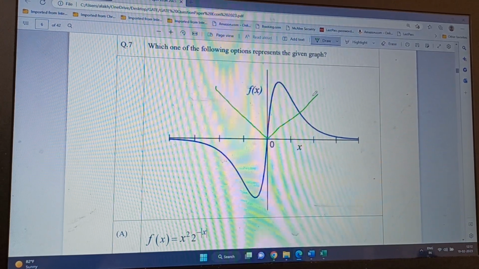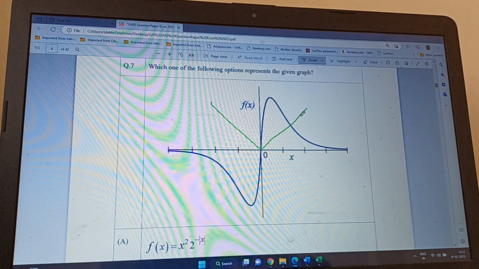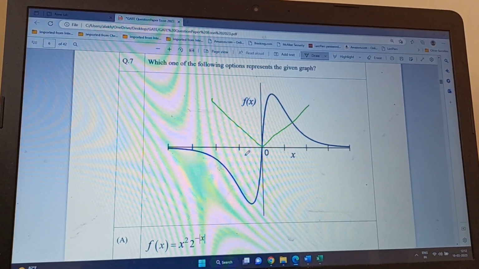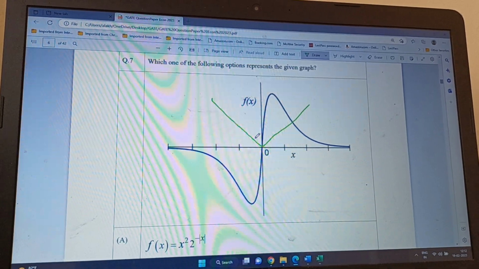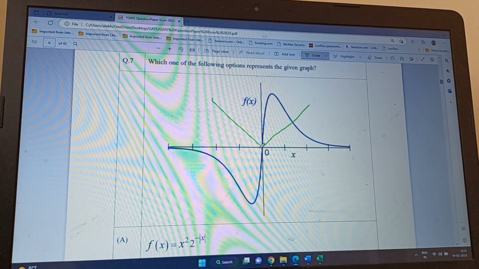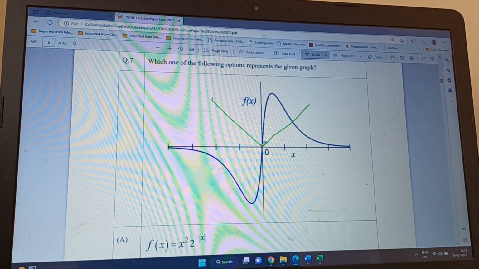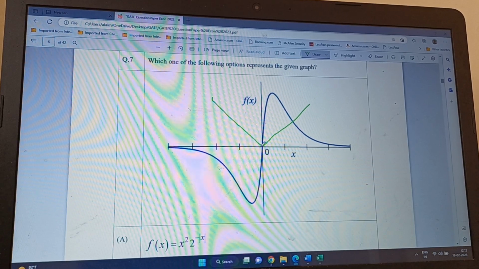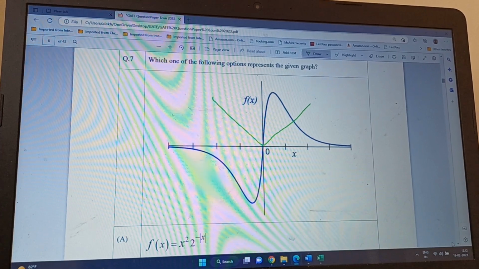Both sides will be symmetric, and that had confused me because I had thought this side is symmetric to this side, and so I had said C. But whenever you have a mod x graph, it is not differentiable at this point. There is a sharp turn from here to here. So that is the graph of C.